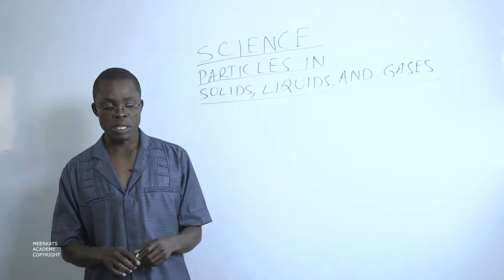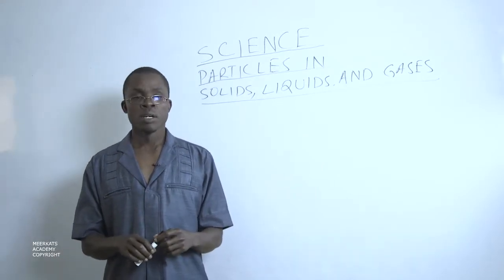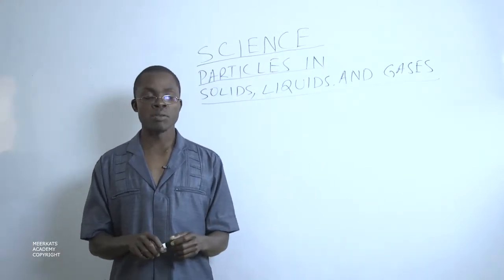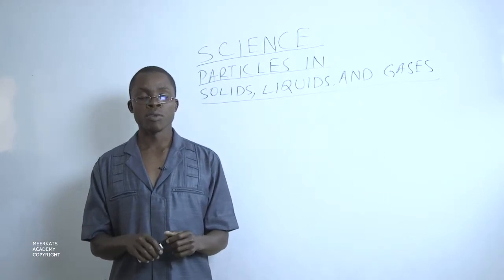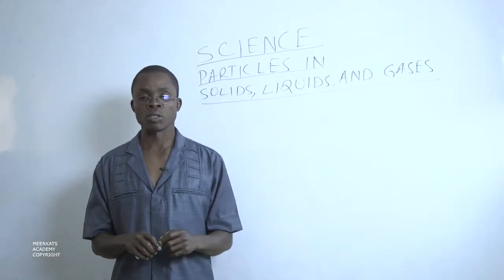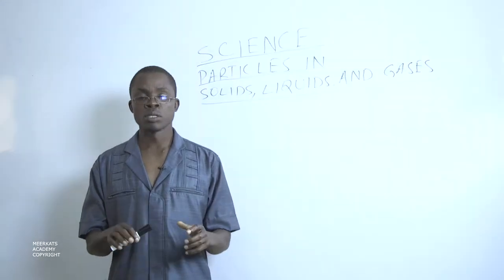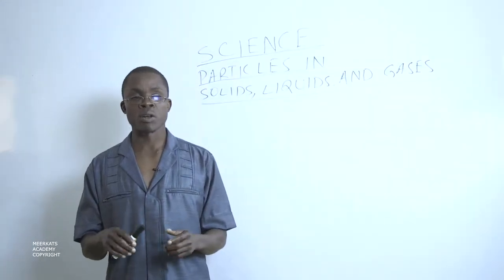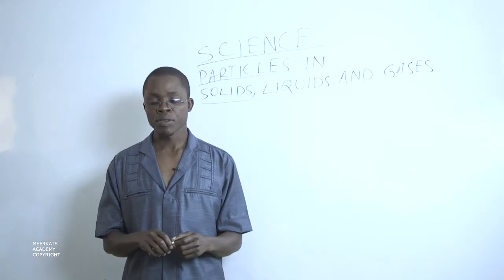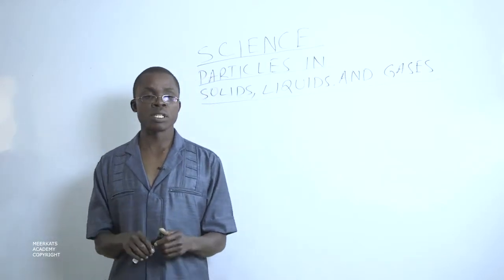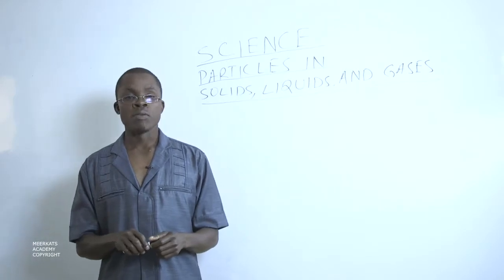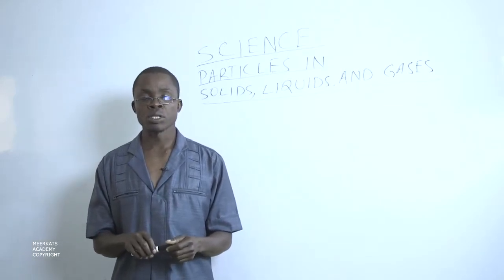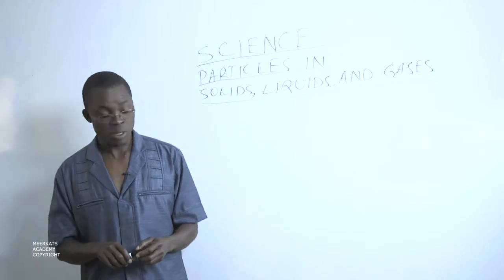And we all realize that all materials we have here on the earth are made up of small particles. These materials are also what we refer to as matter. So therefore it tells us that all matter is made up of very small particles within it.